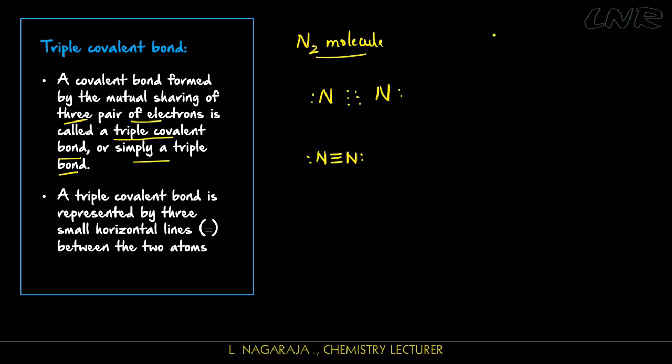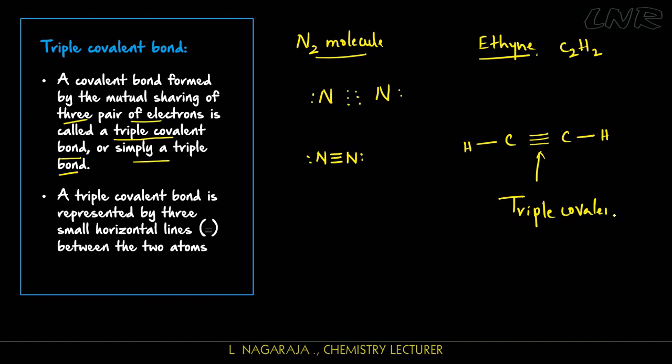And let us take one more example, that is the ethyne molecule. Ethyne has the formula C2H2. That is, two carbon atoms are joined by three pairs of electrons, and the carbon and hydrogen are joined by a single pair of electrons. So between the carbon atoms there are three pairs of electrons. Such three pairs of electrons are called a triple bond, a triple covalent bond.